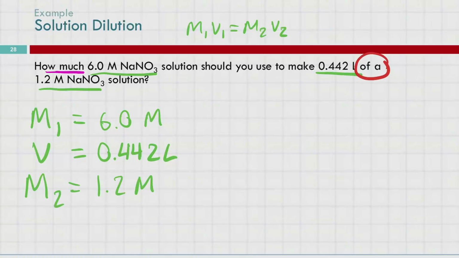The 0.442 liters of a 1.2 molar sodium nitrate solution. That means those are paired together. Usually the numbers show up together. So this is V2, it pairs with the 1.2 molar. That means we're looking for V1, just the way that I've numbered things.